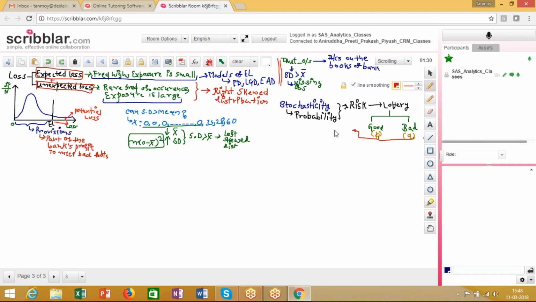So chance causes this risk, right? And this chance is represented using probability. Therefore chance is represented using probability.